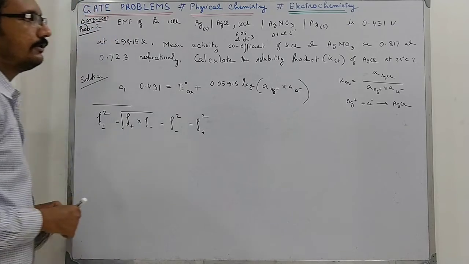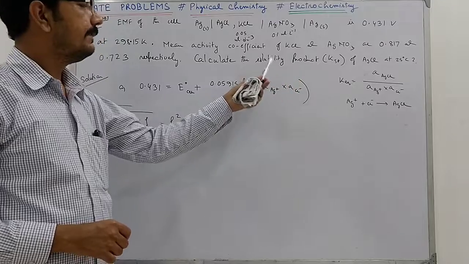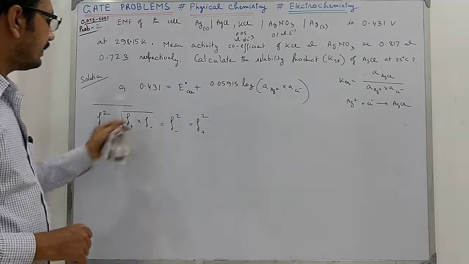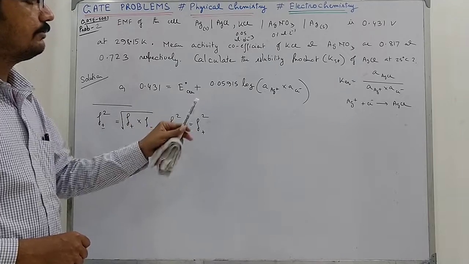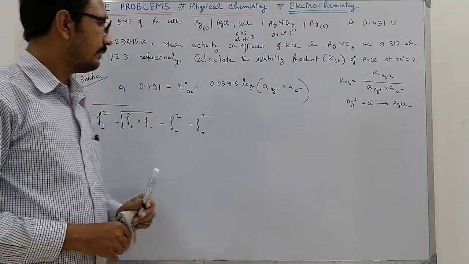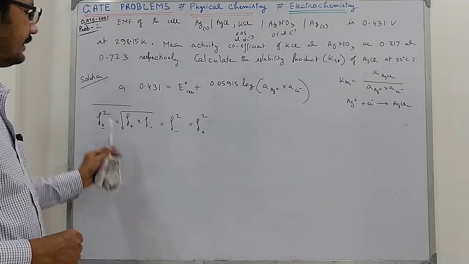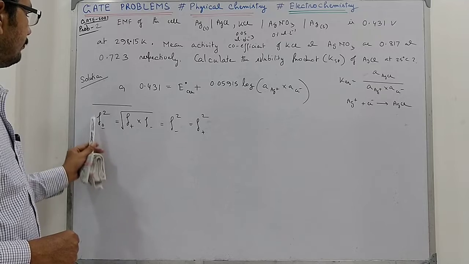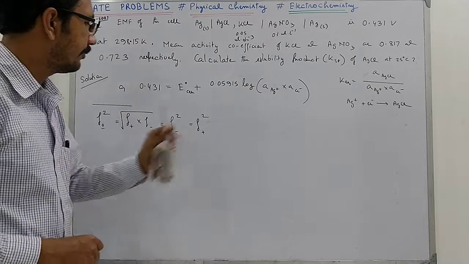I am repeating that you can write it this way only for a univalent salt. If it is a unibivalent salt, the structure will be different. I will get back to this mean activity coefficient in some other lectures. For the present time, please remember that for KCl the mean activity coefficient will be f plus minus square, and it can be written in this format.